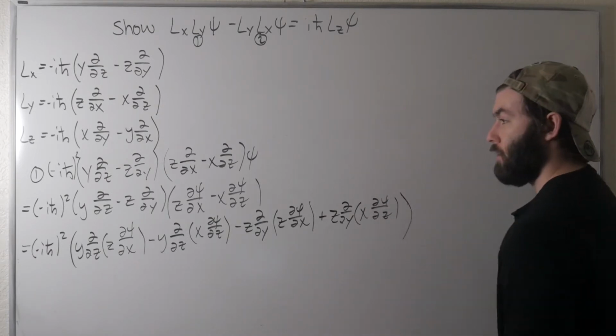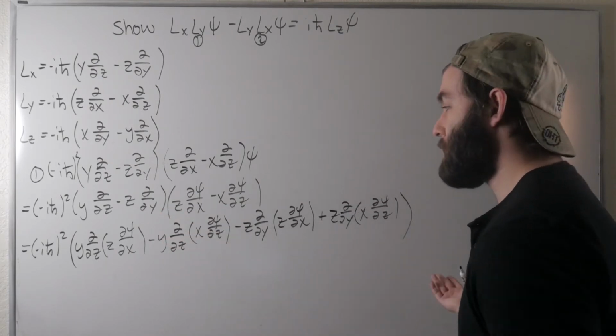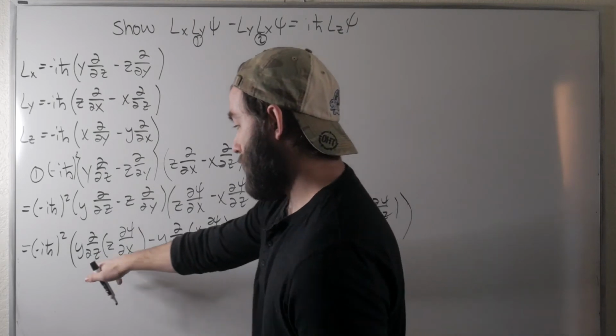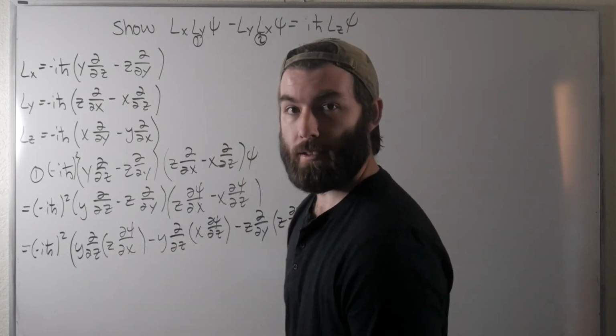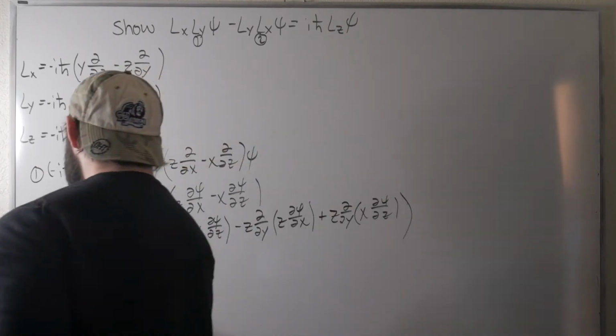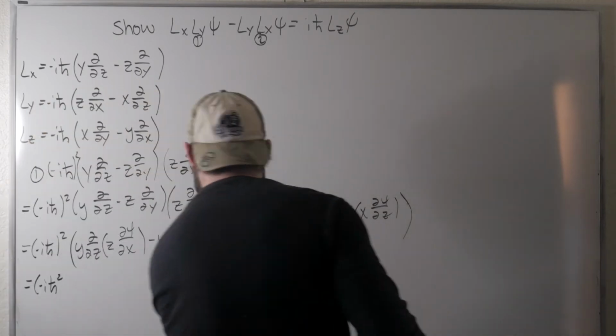Okay? So all I did was distribute these terms out. The only one that's actually subject to product rule is the first term, because this is the only one that has a product of two things that depend on z. So this is equal to minus i h bar squared.